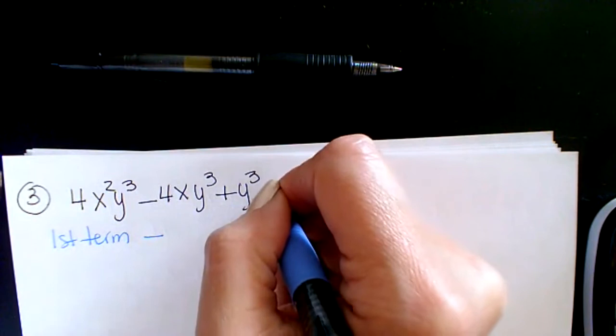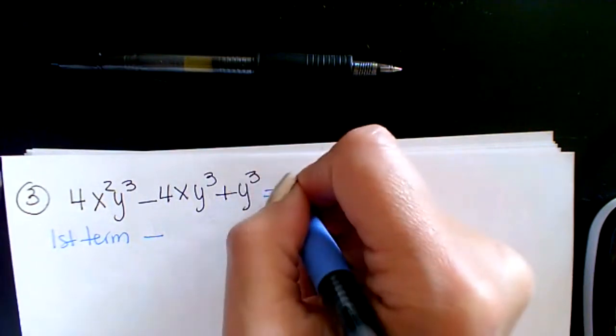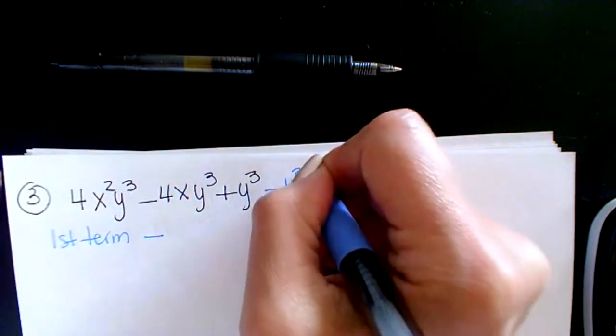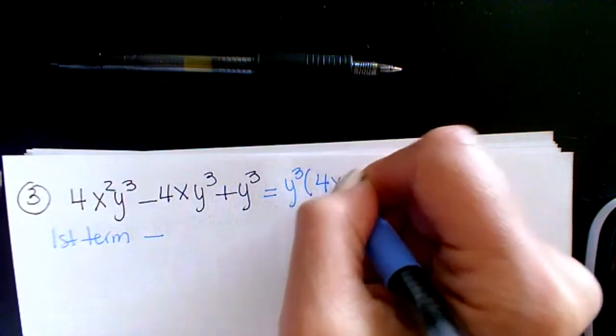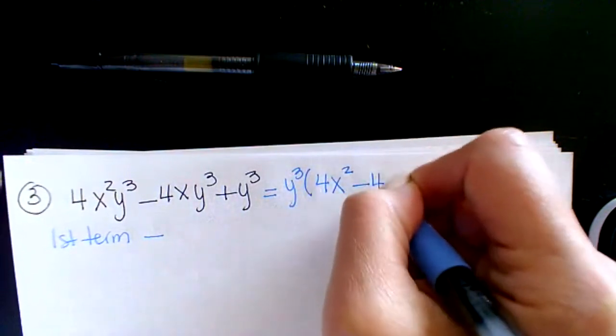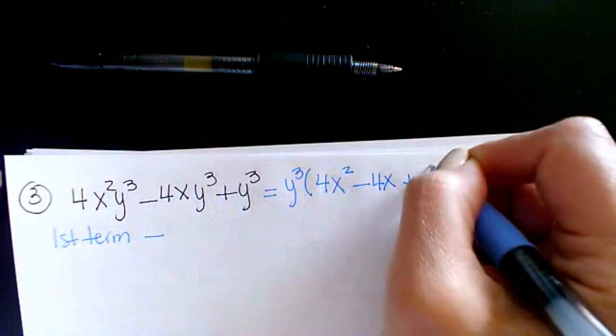We could factor the y to the third power out of here. So it's going to be 4x squared minus 4x plus 1.